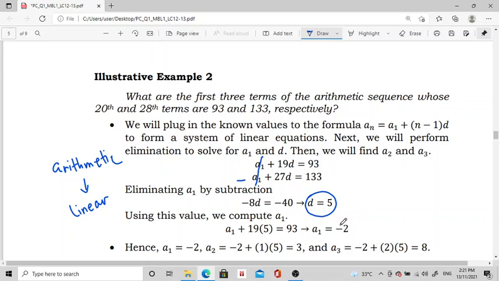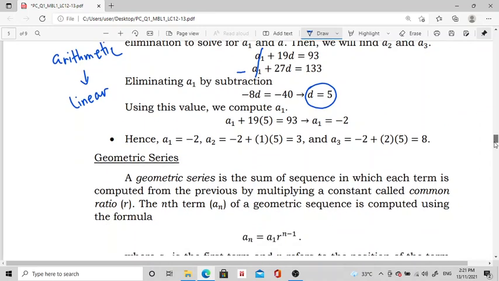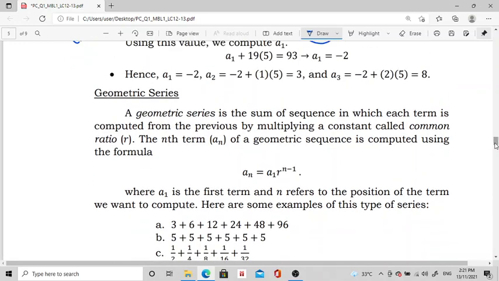So now, we already know the values of A sub 1 and D. Then we can now find the first three terms of this arithmetic sequence. And that is si A1 ay negative 2. The next term, mag-a-add tayo ng isang 5. So we get 3. And then we add another 5, we get 8. So the first three terms are negative 2, 3, and 8. Clear?